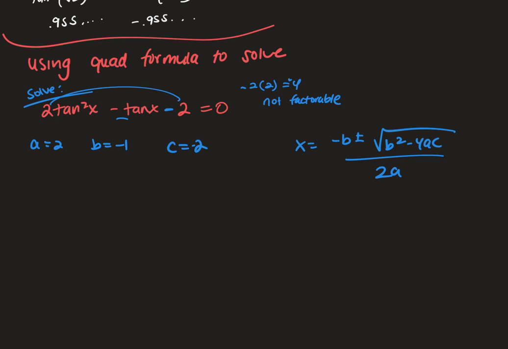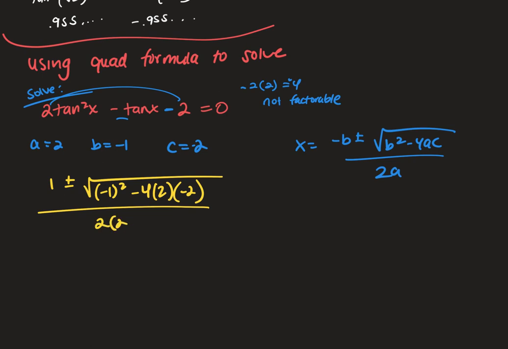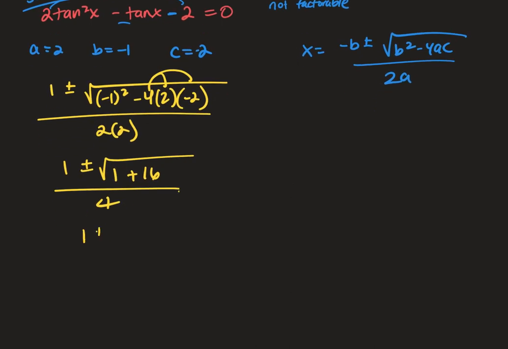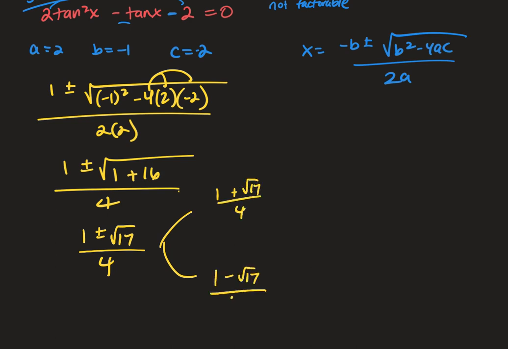So now I'd get -b, which is 1, plus and minus the square root of b squared minus 4 times a times c, all over 2 times a. And I get 1 plus and minus the square root of 1, this would be -8 times -2, which is positive 16, over 4. And I'd get 1 plus and minus square root 17 over 4. This breaks into 2: 1 plus square root 17 over 4 and 1 minus square root 17 over 4.